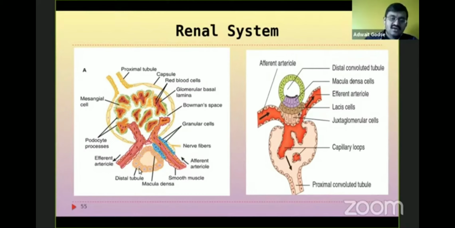That just makes you believe that the macula densa is present in the distal tubule, but no. Ganong makes a clear statement that the distal tubule starts macula densa onwards, and we have to go by that. These are two important diagrams. This is a little complicated, and this one is much simplified and more acceptable. So do practice this diagram, juxtaglomerular apparatus, a frequently asked question.